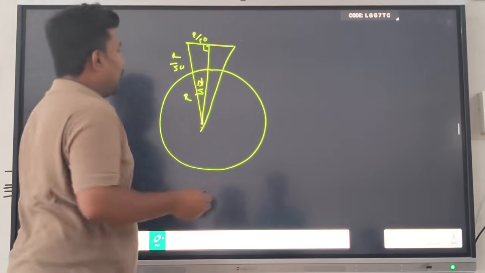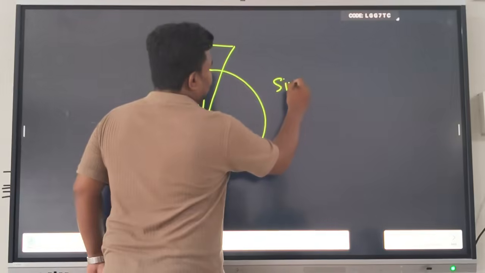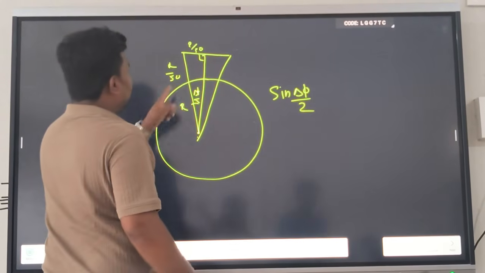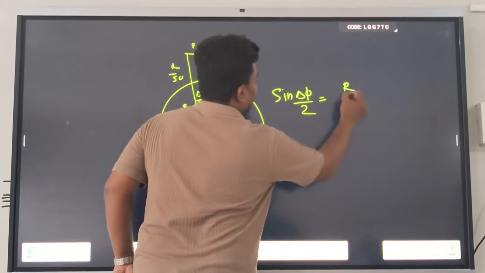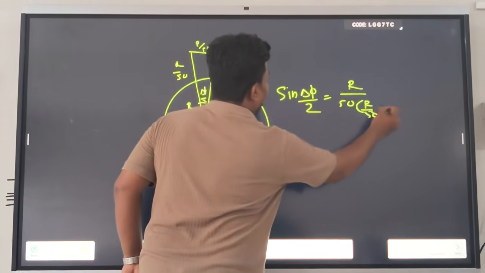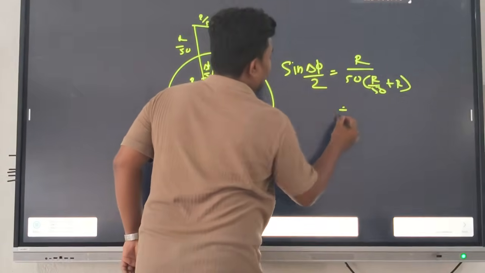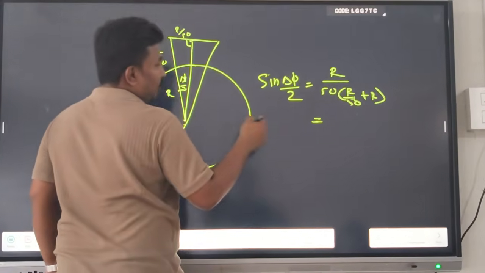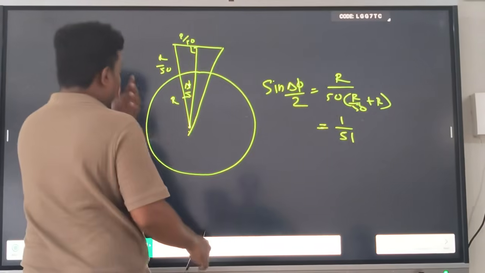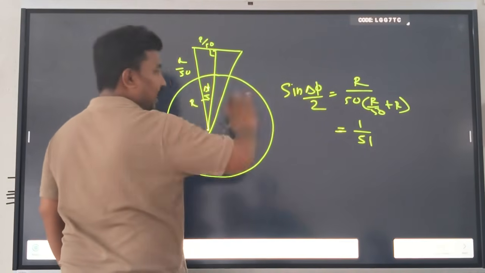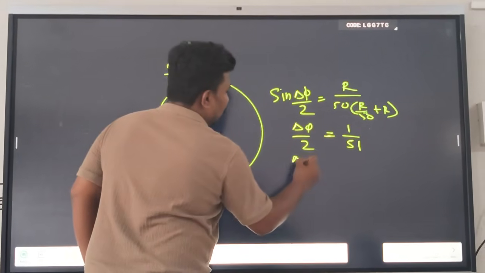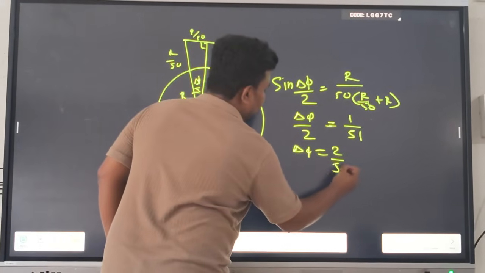So from here sine delta phi by 2 will be opposite by hypotenuse, that is R by 50 divided by R by 50 plus R, which gives me exactly 1 by 51. So it is given in the question that sine theta is equal to theta. So this becomes delta phi by 2. So delta phi is 2 by 51.